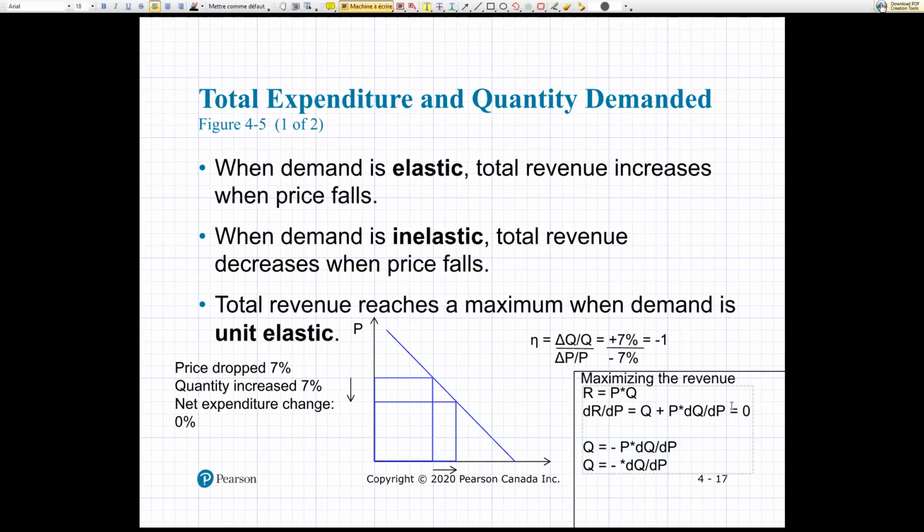So let's divide by p. Rather, I'm going to do the opposite. So okay, scratch that. I'm just going to multiply by p and divide by q here. This is going to be equal to -1.